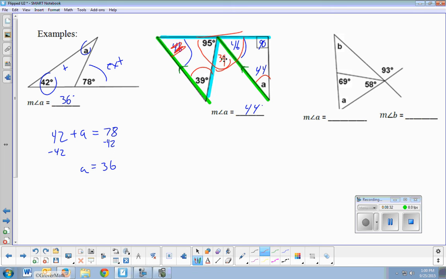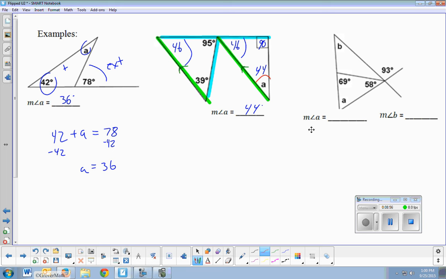So 180 minus these two got my 46, and then with my 90, this has to be 44. So I do think you had to get this 46 somehow, whether it was from the corresponding over here or with the three of these adding to 180 and the alternate interior over there. But the parallel was the key, one way or the other, and so you had to use that.